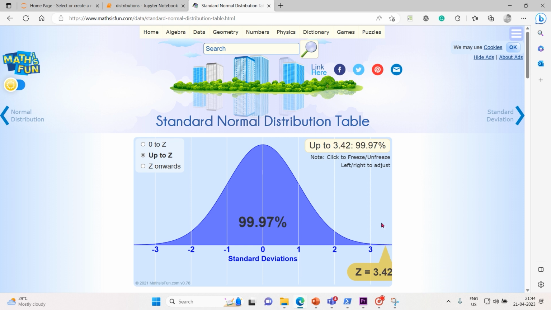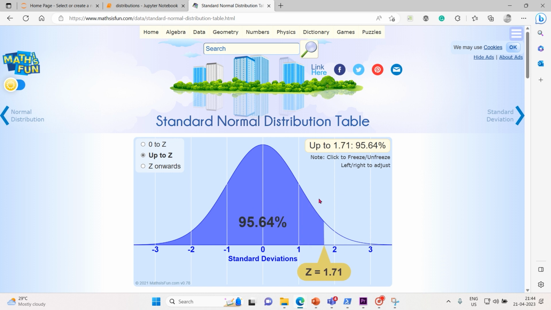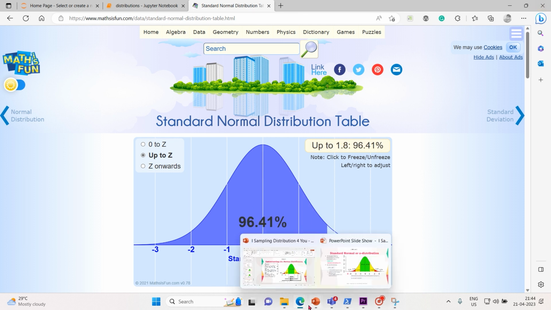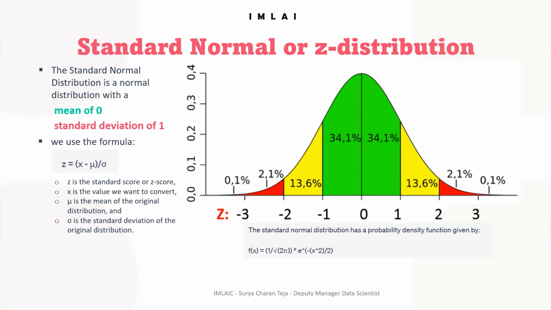When we say 95 percentage interval, obviously 95 percentage of the data lies in between this. That's a small simulation for you to understand the standard normal or Z distribution better.